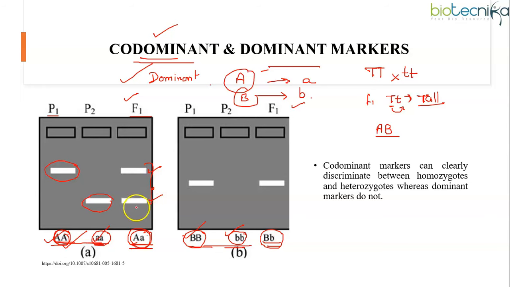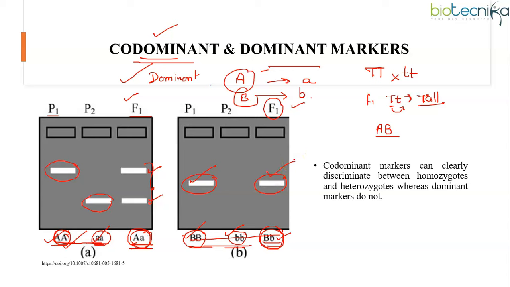On the other hand, in case of dominant markers, in the heterozygous individual, as you can see in the F1 progeny, you will see only one band. So you only get a band for the dominant allele and not for the recessive allele. Now if I don't show you the genotype, by simply looking at the band, you cannot differentiate whether it's a homozygous or heterozygous condition, because we are getting one band in P1 and one band in F1 also.